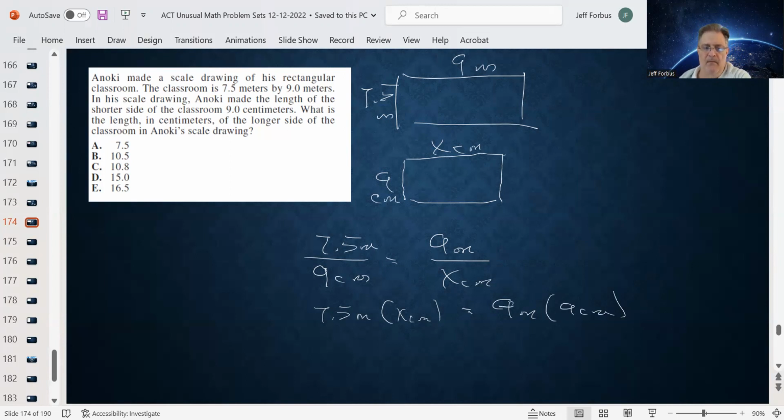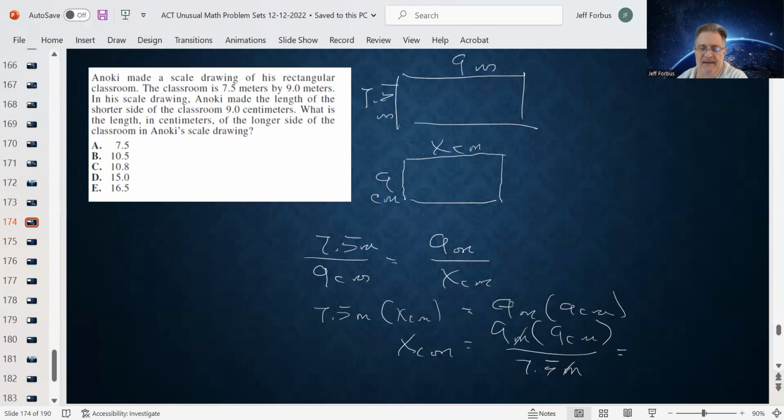Okay, let's go ahead and solve this for X. So X centimeters is equal to 9 meters times 9 centimeters divided by 7.5 meters. Notice the meters and the meters cancel, and it's going to leave centimeters.